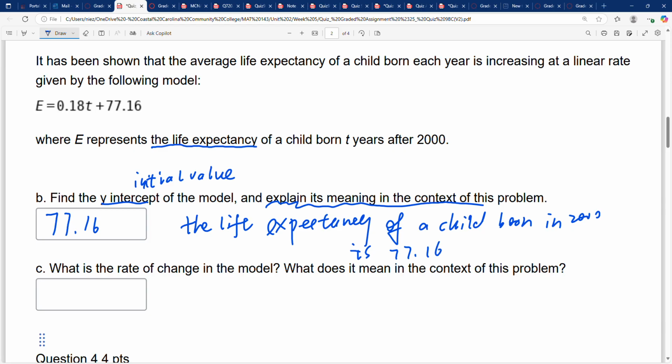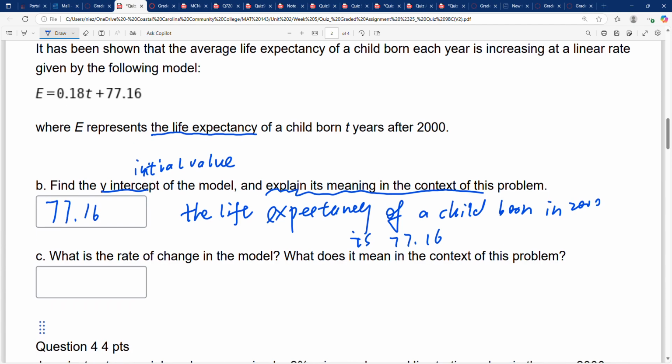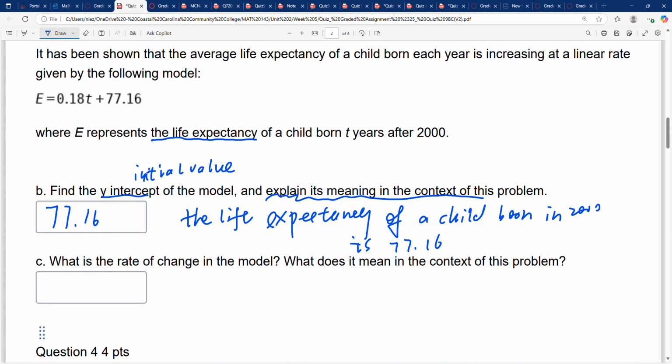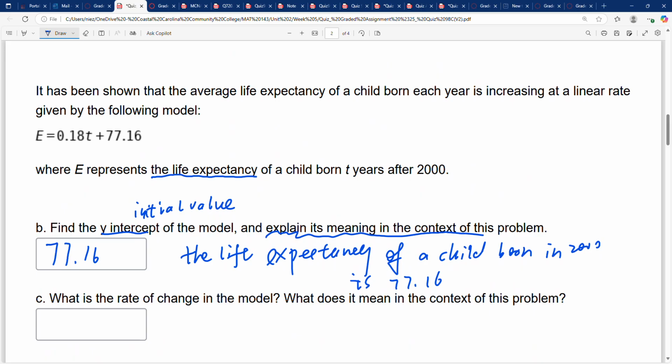So that means if a child is born in 2000, then we should expect this child to live to 77. And if t equals 1, that means a child born in 2001.